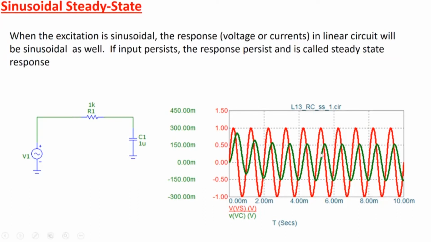Steady state only means that the pattern or the periodic signal is no longer changing. It has settled down into its well-defined periodicity. So we want to look at the behavior of circuits in response to sinusoids under steady state condition, and we would call that sinusoidal steady state analysis.